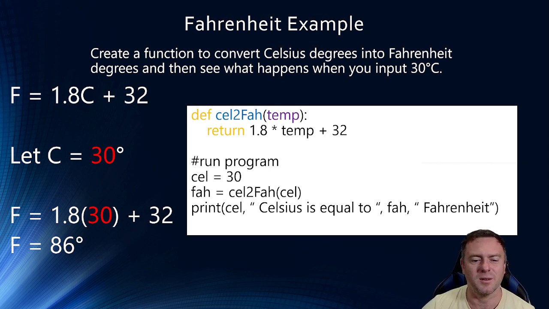Then I'm going to run the function. I'm going to make cell is equal to 30, and then far, I'm going to call this function cell2far and inject into it cell. Afterwards, I'm going to print it all out. So I'm going to print cell, then Celsius is equal to far, and then Fahrenheit.